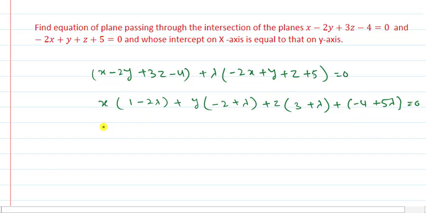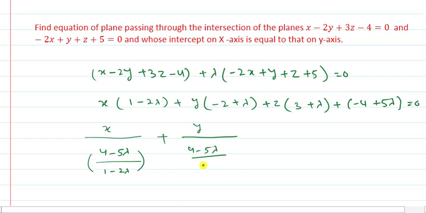So we have the intercepts as x upon (4 minus 5 lambda upon 1 minus 2 lambda) plus y upon (4 minus 5 lambda upon minus 2 plus lambda) plus z upon (4 minus 5 lambda upon 3 plus lambda) is equal to 1.